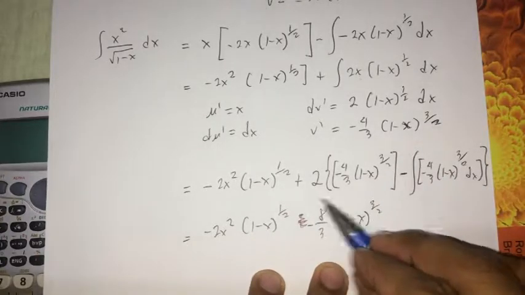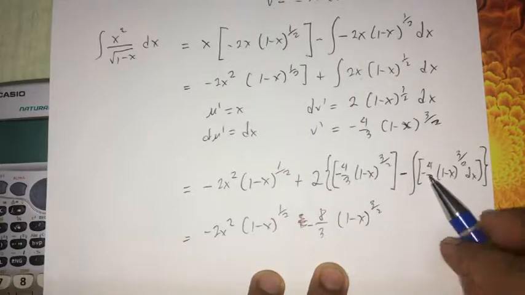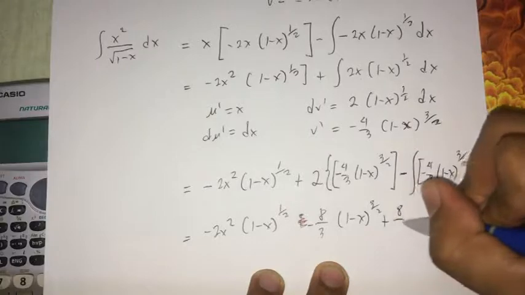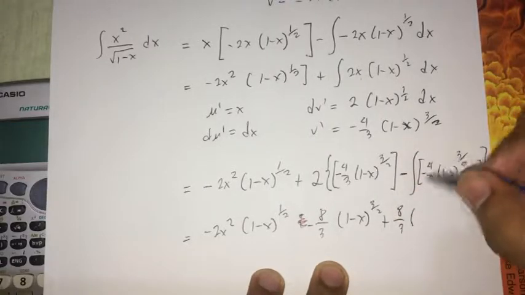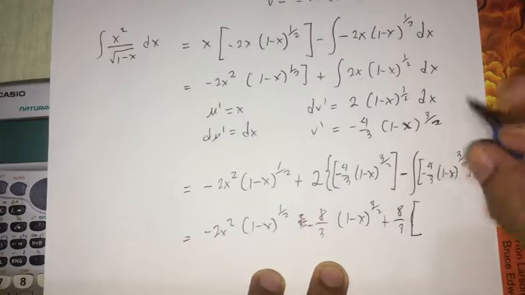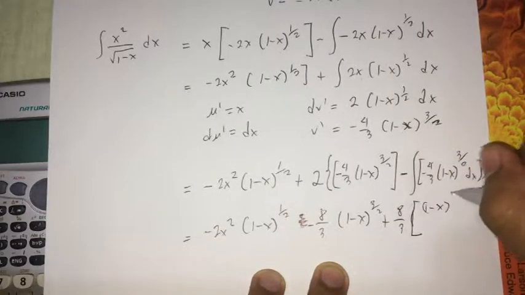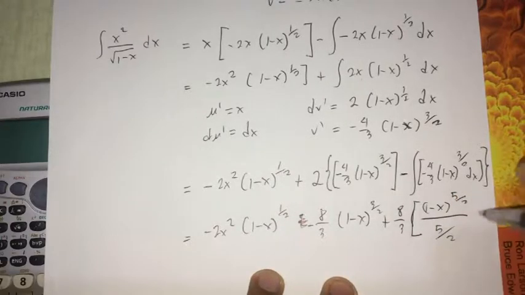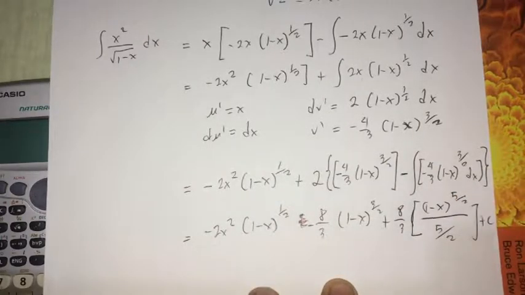Tapos, 2 times negative times negative, that is positive, so magiging plus 8/3 times, kukunin na po natin yung integral, times 1 minus x raised to 5 halves over 5 halves plus c.